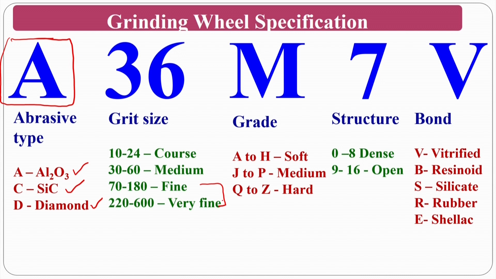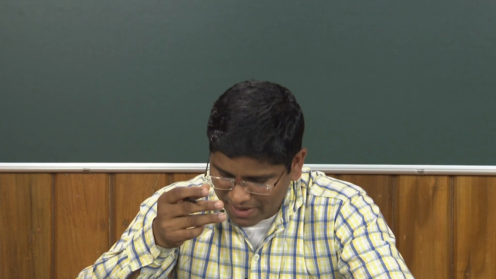If your particle size goes 70 and above, normally you can go for finishing processes; the coarse and medium ones you can go for machining processes. Grit size coarse means very big. If it is big, the material removal will also be big, the surface roughness will be too high, and that means the surface finish will be very bad.